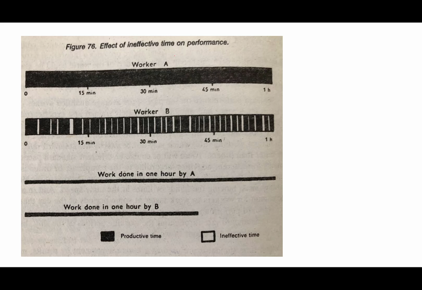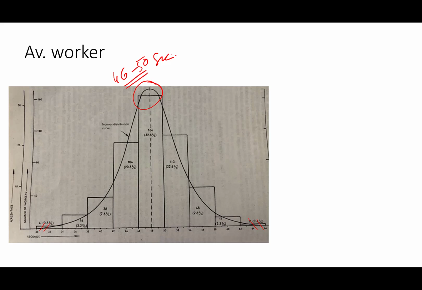So those workers can be considered as average workers, while these are the slow workers and these are the fast workers. Those who are taking less time may be considered to be given incentives. So incentive plans and other things can be given based on this kind of data.